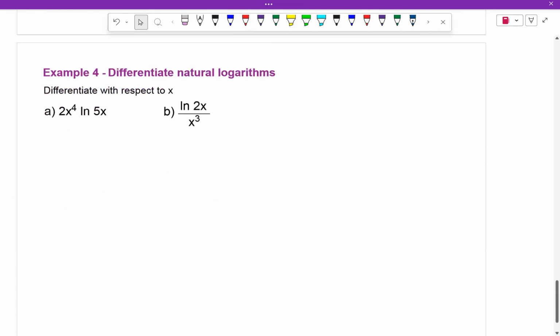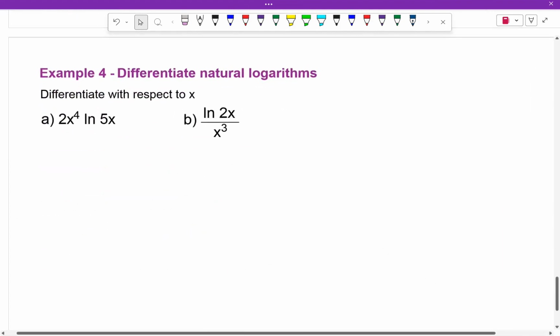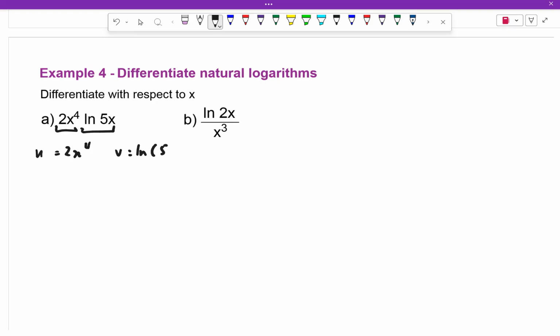Alright. Now, differentiate with respect to x. So in this case, product rule. Because here we see two different products. So let u equal 2x to the power of 4, v equal ln of 5x, u dash equals 8x cubed, v dash equals 5 over 5x, which is the same as 1 over x.